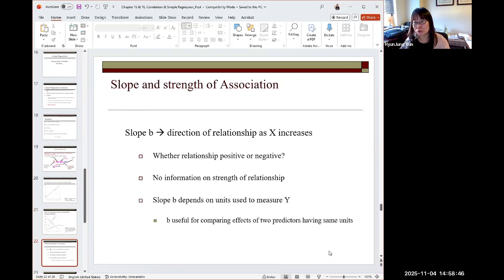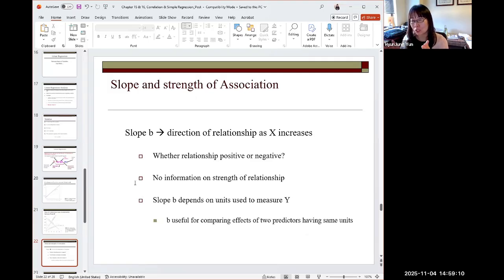That's the raw slope, the slope we use for the regression model. So the slope in the regression model can tell you whether it's positive or negative, but we cannot tell how strongly related, because it depends on the unit of analysis.